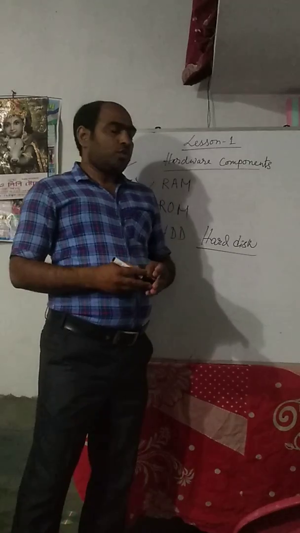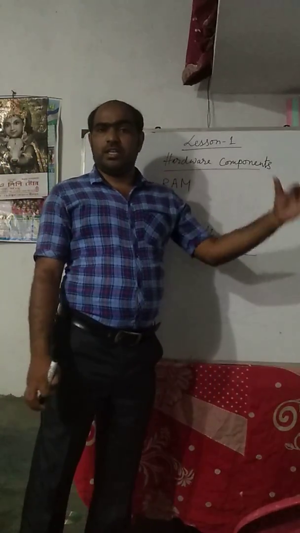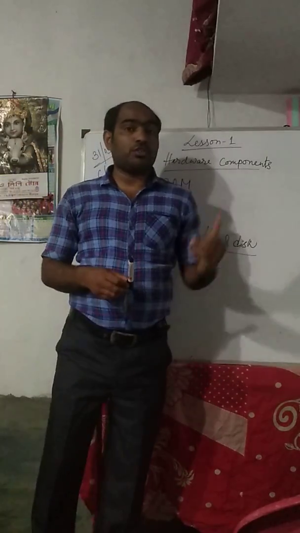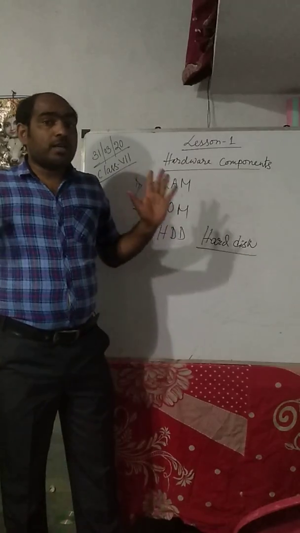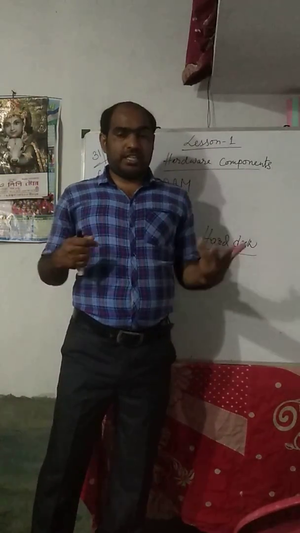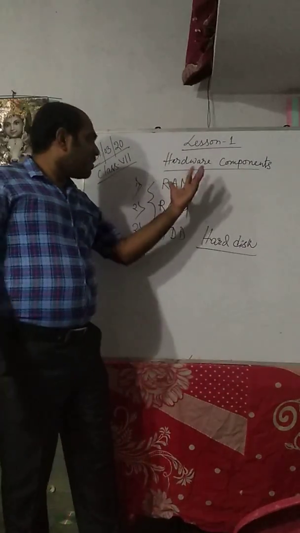Now I will discuss the parts of RAM. If we go to the computer shop, we say give us the high speed RAM, that is 4 GB, 6 GB; previously there was 1 GB, 2 GB. So what are the functions of RAM?